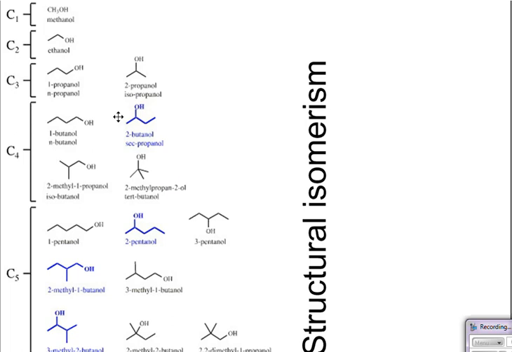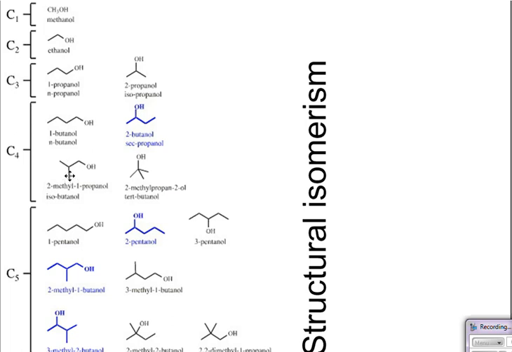So for example, here we're looking at different alcohols, and we'll talk about functional groups later and how I know that these are alcohols. But here we have butanol, 4 carbons and a hydroxyl group. But that hydroxyl group could also come off of the second carbon in the chain, giving me a structural isomer of this.